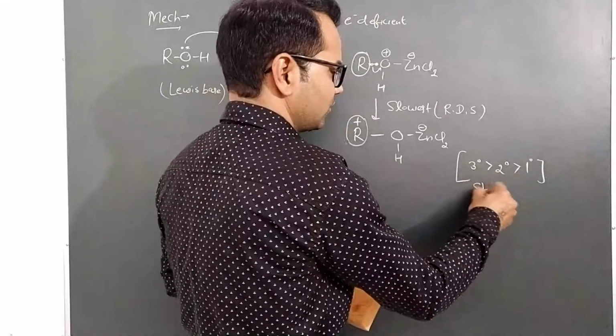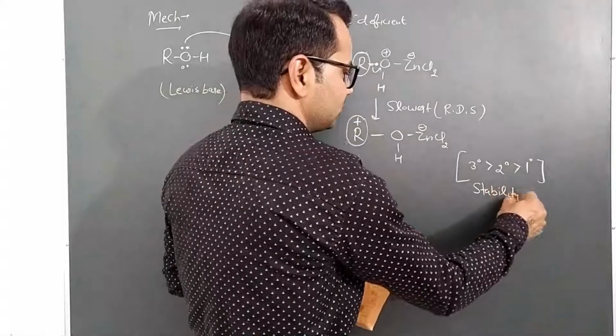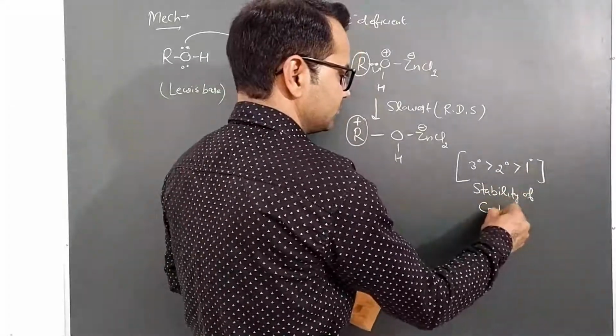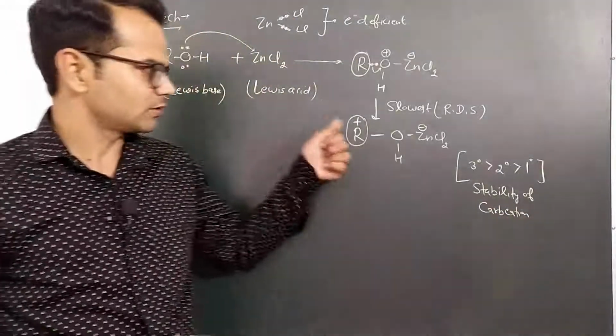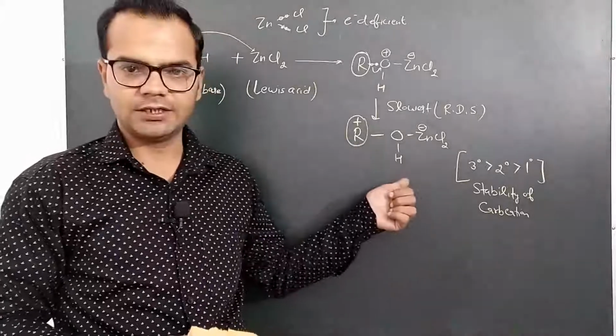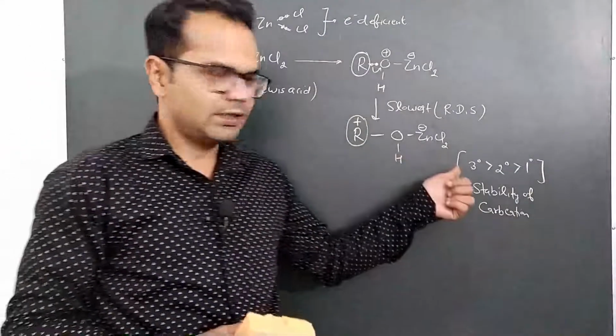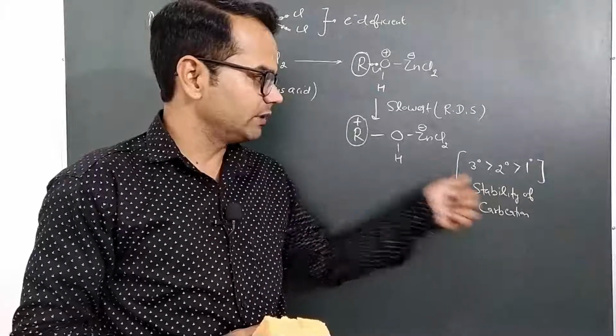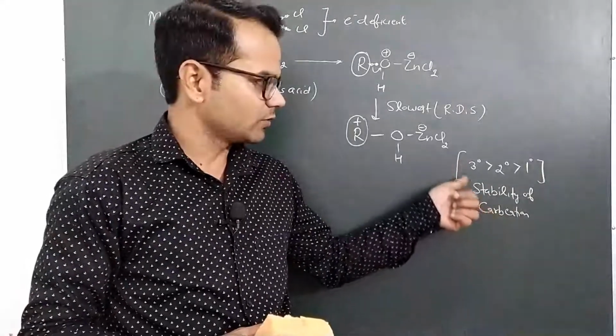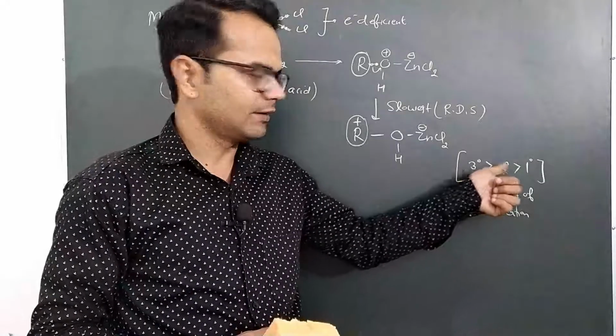This is the stability order of a carbocation. So in the slowest step there is a formation of carbocation, and we know tertiary carbocation is more stable than secondary and then primary. So the stability of carbocation follows the order tertiary is more stable than secondary and then primary.